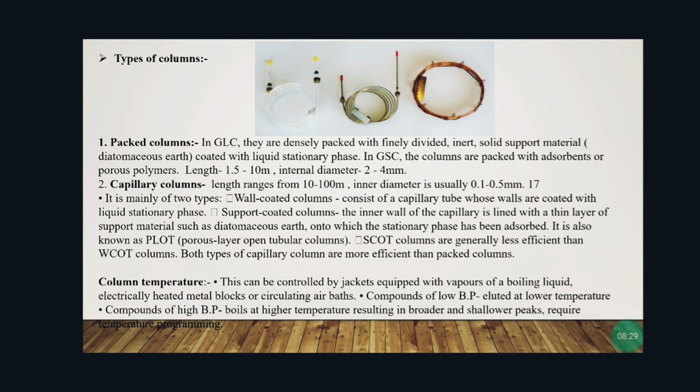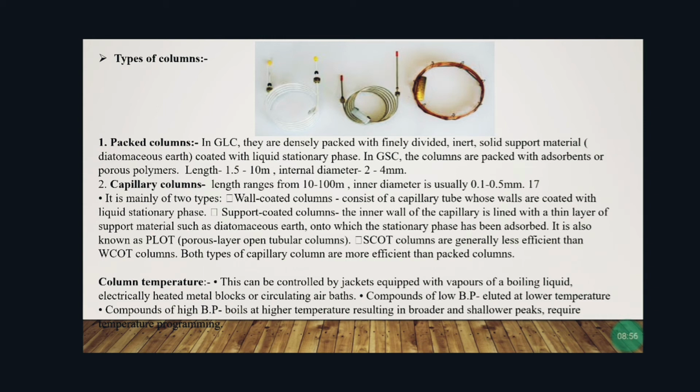The inner wall of the capillary is lined with a thin layer of support material such as diatomaceous earth, onto which the stationary phase has been adsorbed. It is also known as PLOT, that is porous layer open tubular columns. SCOT columns are generally less efficient than WCOT columns. Both types of capillary columns are more efficient than packed columns.